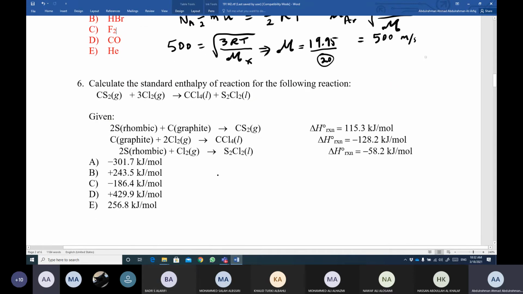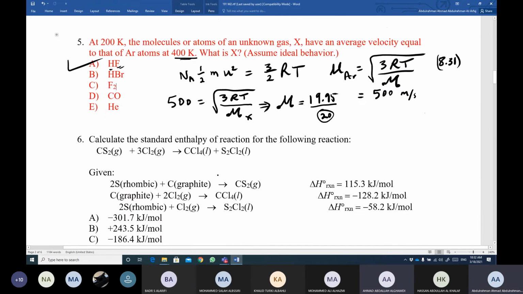Doctor, can't I just equate 3RT over molar mass equal 3RT over molar mass? Yes, that's exactly what we should have done, because we calculated this one and then we calculated that one. We don't have to calculate it. We can do it right away.